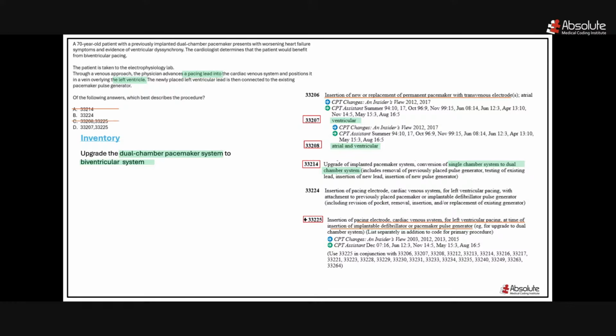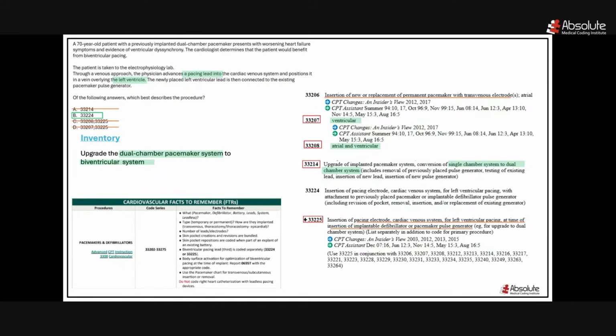Please let me know in the chat, coders, if the explanation helps, or if you have any questions. Now we are left with option B. That is the correct answer. I saw everyone went with option B. It's coding for insertion of a pacing electrode, cardiac venous system, for left ventricular pacing with attachment to the previously placed pacemaker or implantable defibrillator pulse generator.